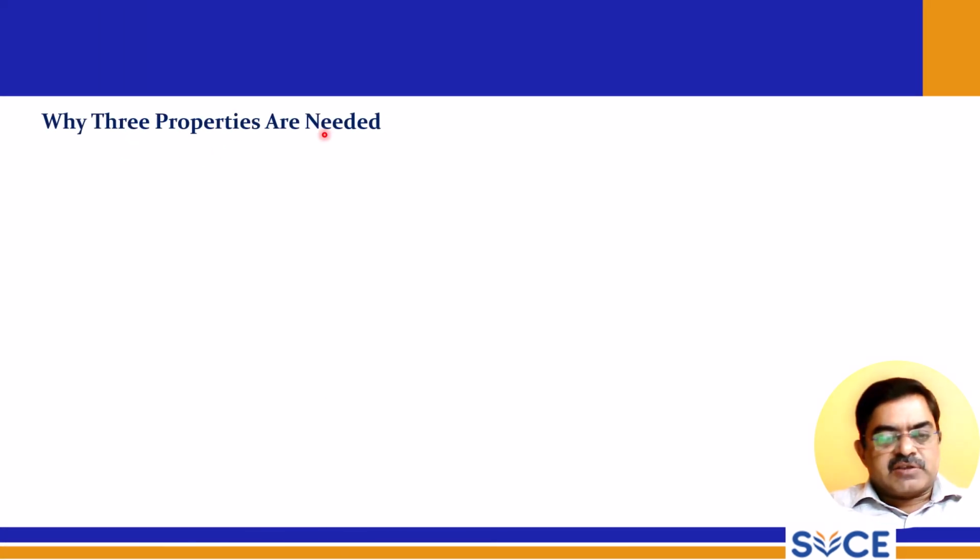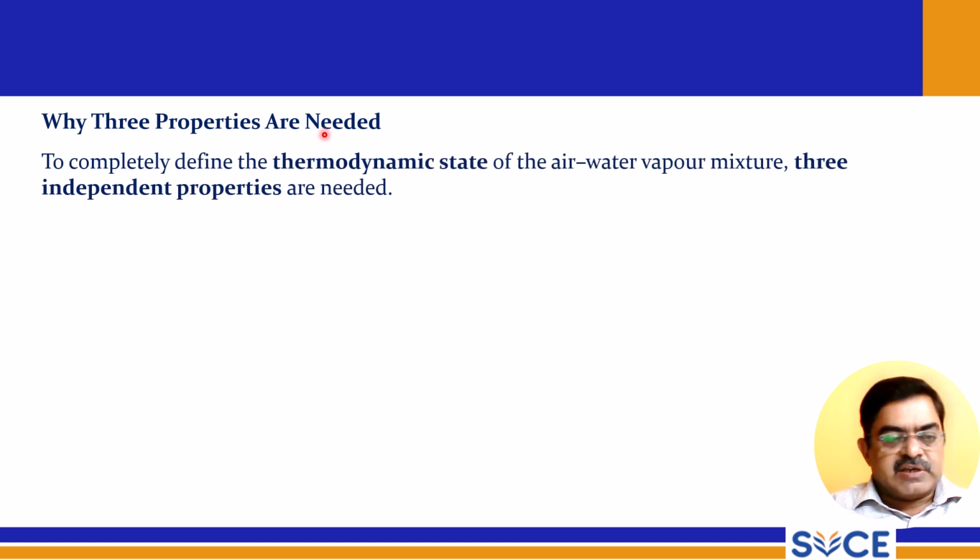Why are these three properties needed? That is a good question to ask in this context. To completely define the thermodynamic state of the air water vapor mixture, three independent properties are needed.